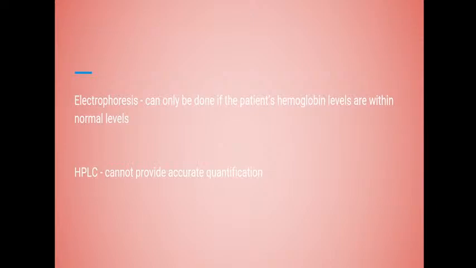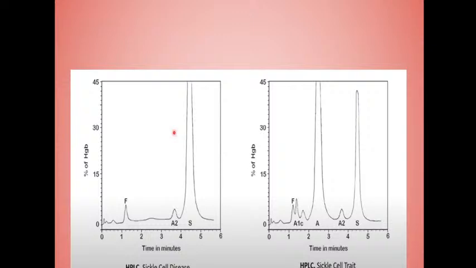So this is the one I'm telling you about: HBLC, sickle cell disease, sickle cell trait. That is the end of our discussion for today, and I can eat now. So please study it. Please. Okay? Clear?